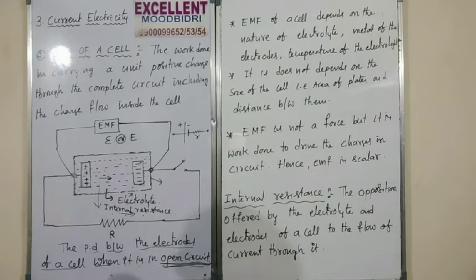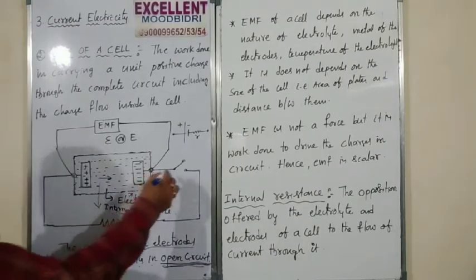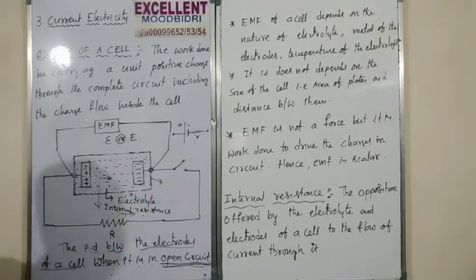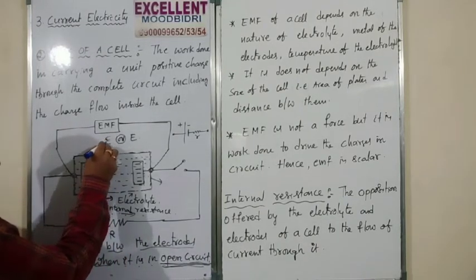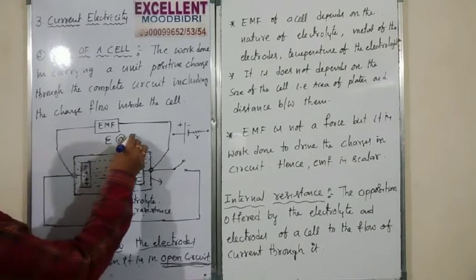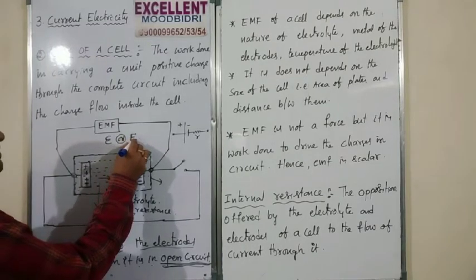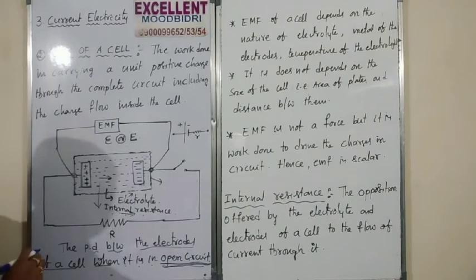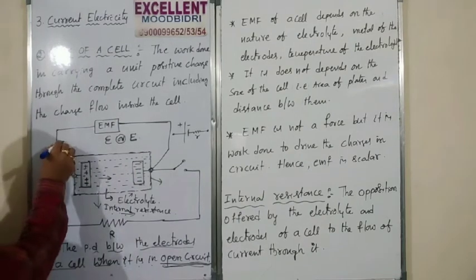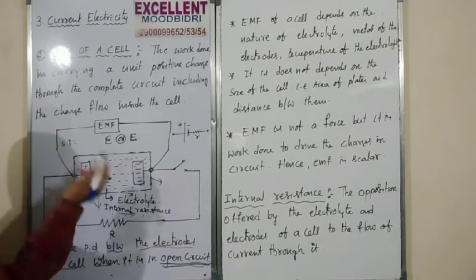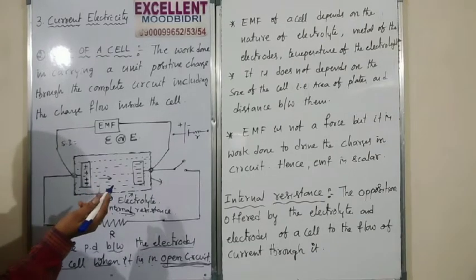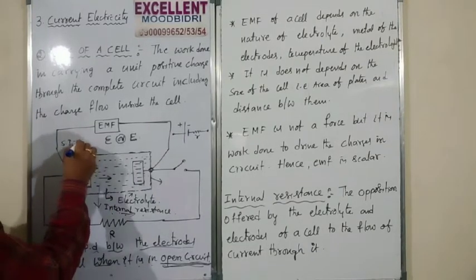EMF: the potential difference between two electrodes inside the cell when the circuit is open is known as EMF, which is represented as epsilon or E. And the SI unit is volt.